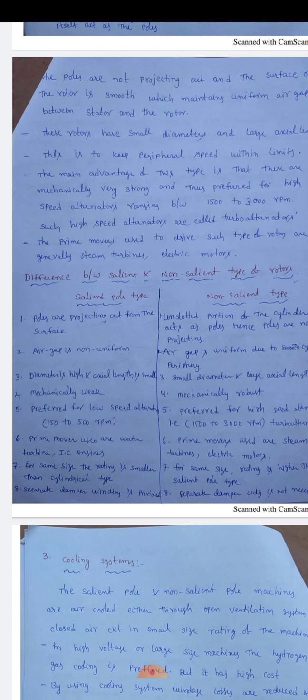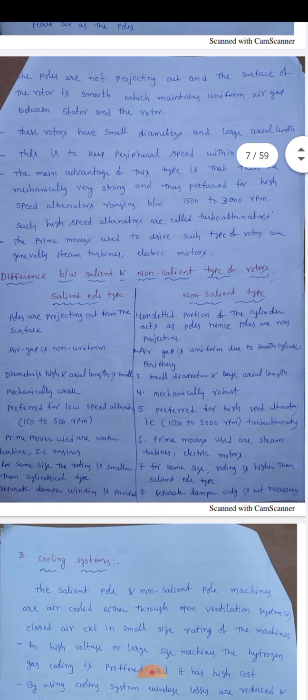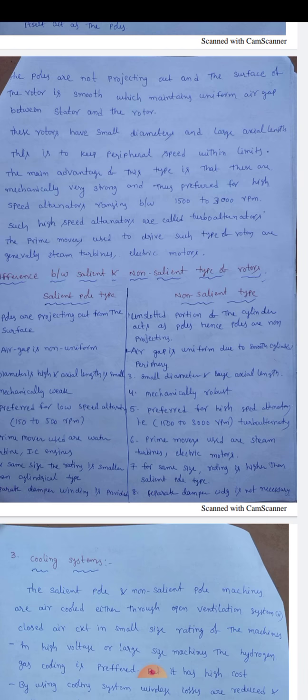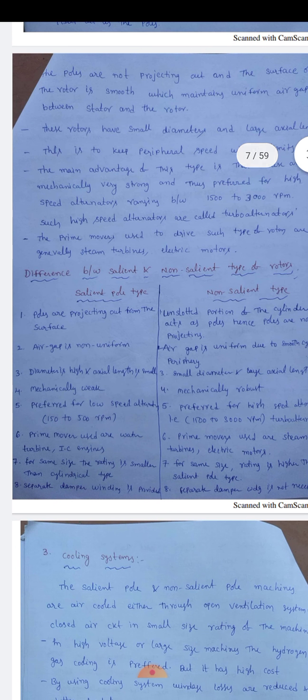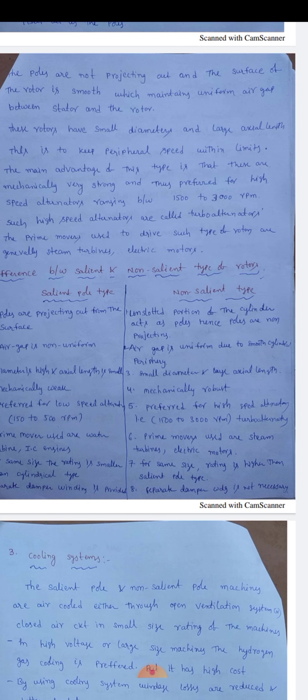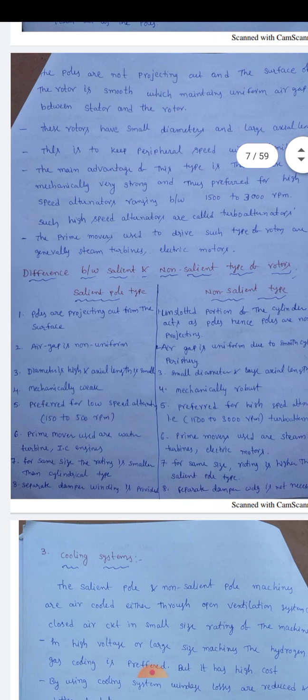In salient, the diameter is large and the axial length is small, whereas in non-salient the diameter is small and the axial length is large. The salient pole type is mechanically weak, while the non-salient is mechanically robust.